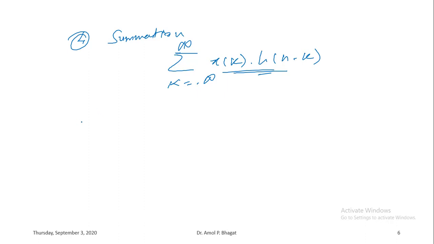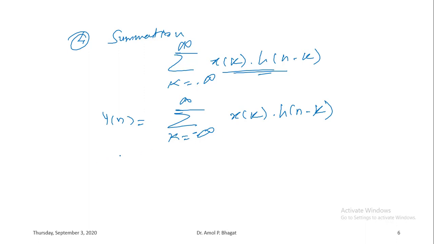So to summarize, your convolution summation can be identified as summation k equals minus infinity to infinity x of k into h of n minus k.